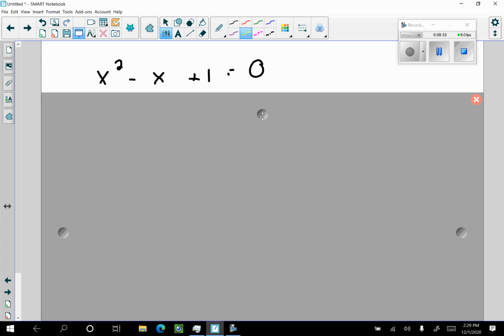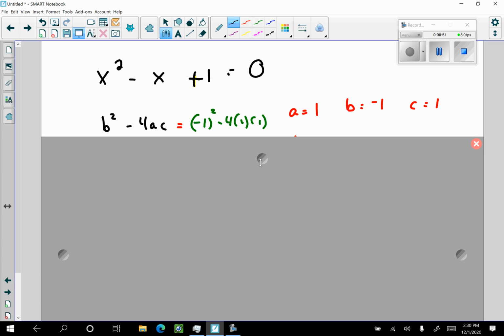All right. Let's find the solutions to this equation, and let's simplify this using the fact that the square root of -1 is i. Here we go. So I have this equation right here. I know a is 1, b is -1, c is 1.